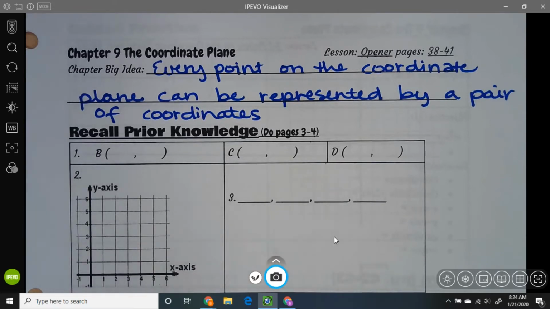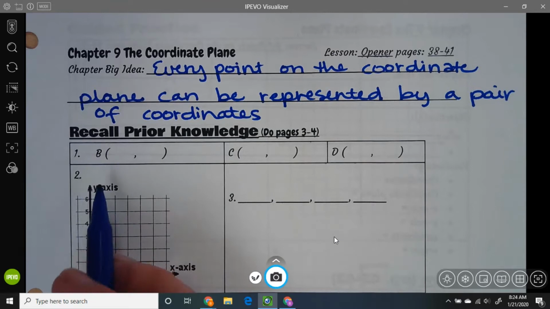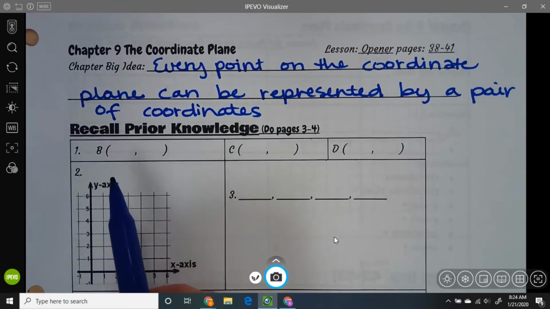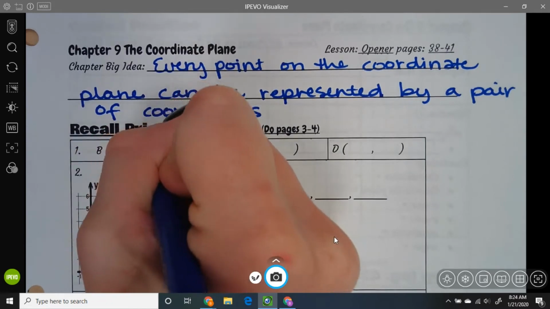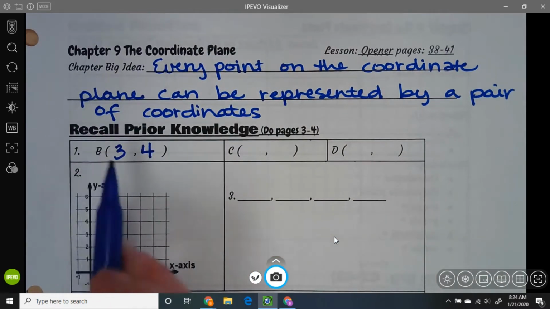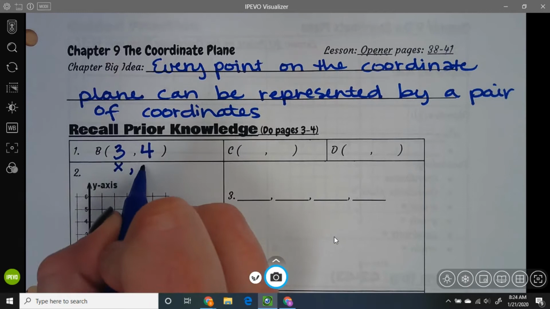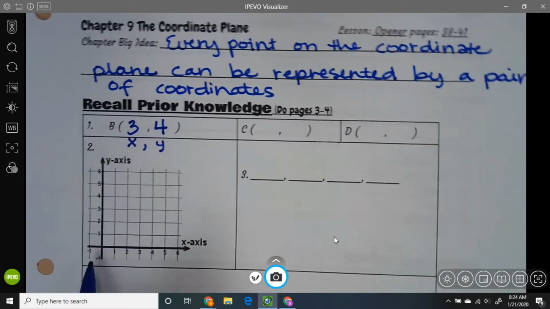You see the map, and if you find the location at grid point B2, you can see that it's boxed in. So we're going to recall a couple of things. First, if I was going to plot the point 3, 4, this is the x-axis, and this would be the y-coordinate. So I would go across the x first.